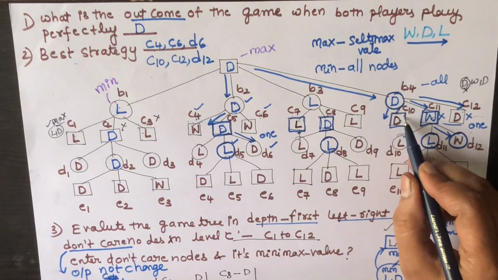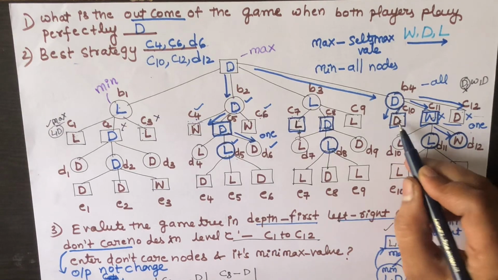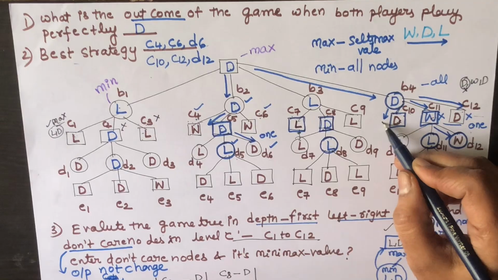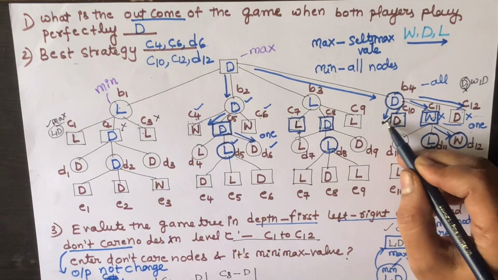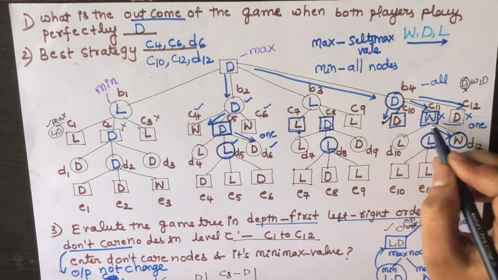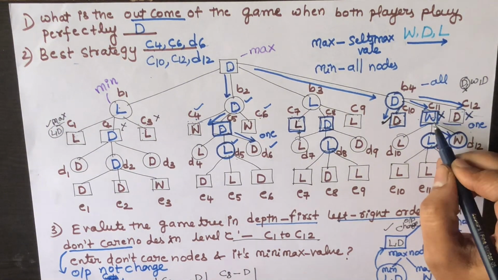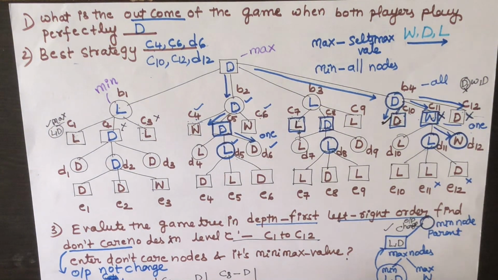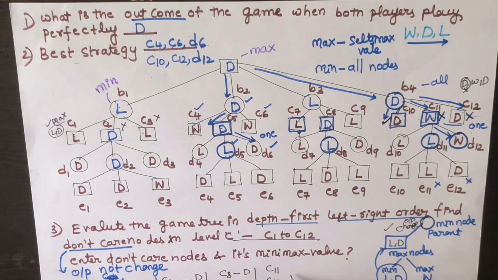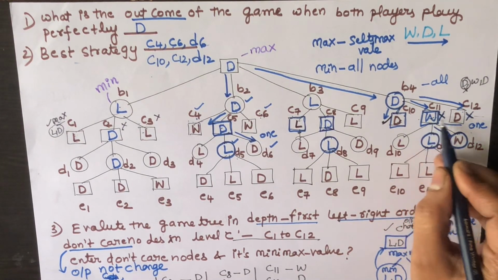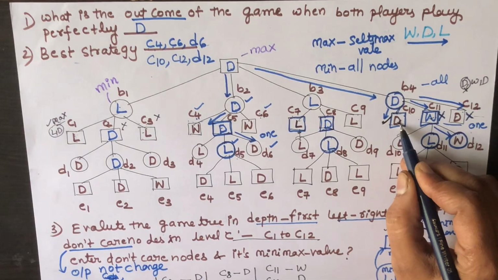So when a max node has a minimum value and its parent is a minimum node, only it affects the output. Other children do not affect the output. So C11 and C12 are don't care nodes, because compared to win, draw is the minimum value.